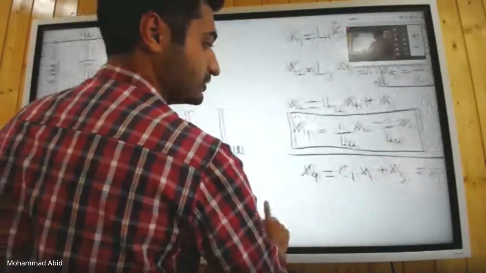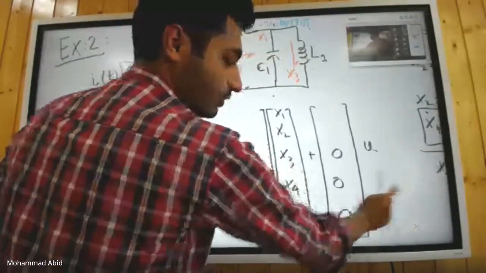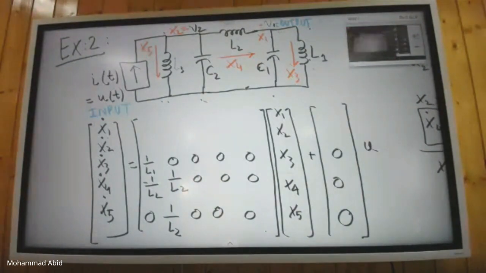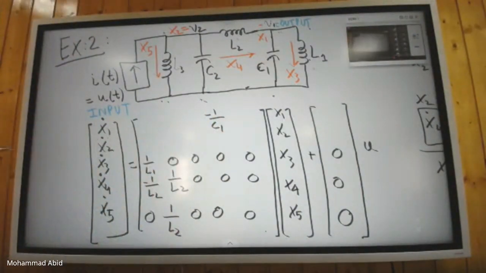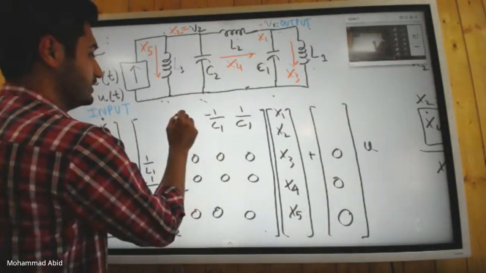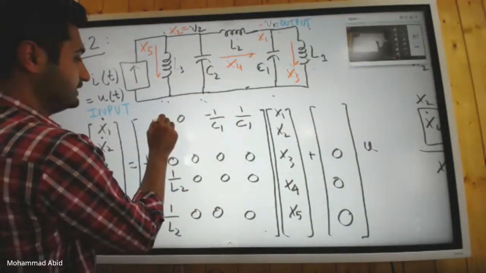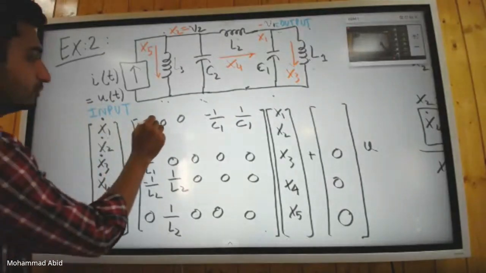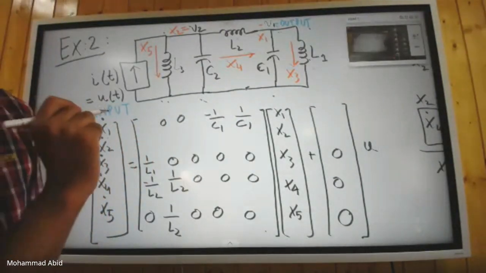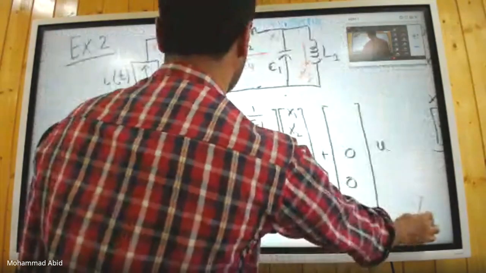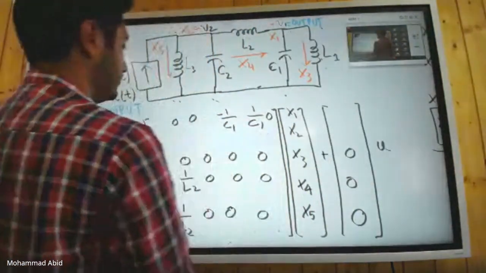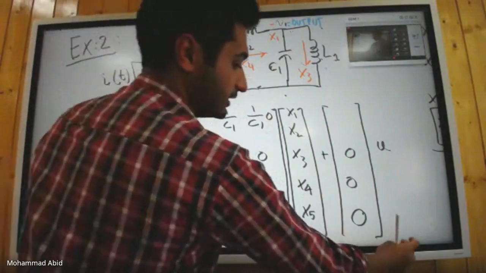Just fill the entries: minus 1 by C1 and 1 by C1. Rest is 0. Any relation with x5? No relation with x5. There's a 0 here, 1, 2, 3, 4, 5 entries. The last equation is x2.